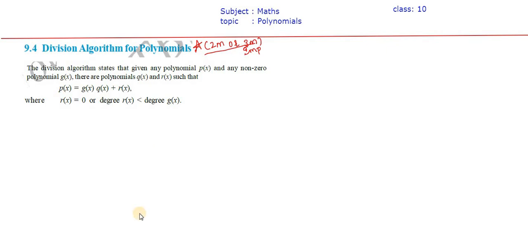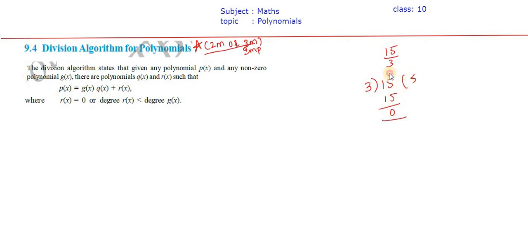It's very simple, it's nothing but division, but we have to divide polynomials, not numbers. You are all familiar with this type of division. For example, if you have 15 divided by 3, 3 fives are 15, so the remainder is 0.